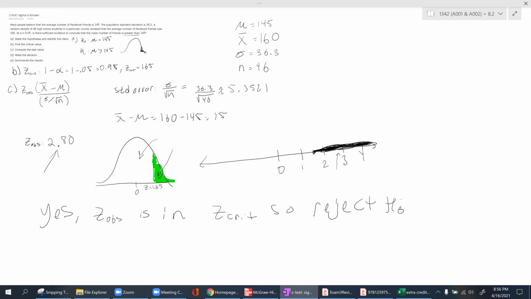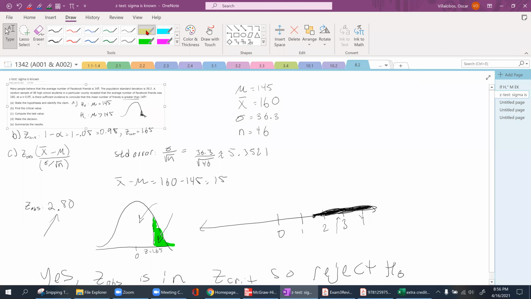You may be saying, hey, you had mentioned something about answering yes to a question. What was the question being asked? Let me see if I can highlight it. Is there sufficient evidence to conclude that the mean number of friends is greater than 145?